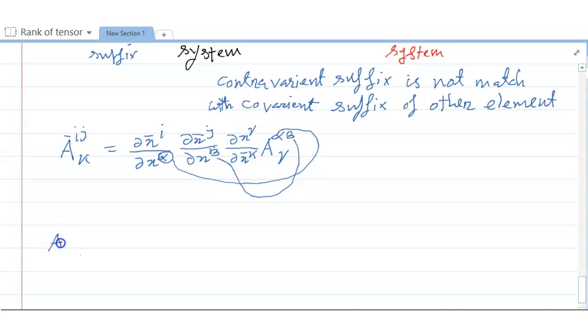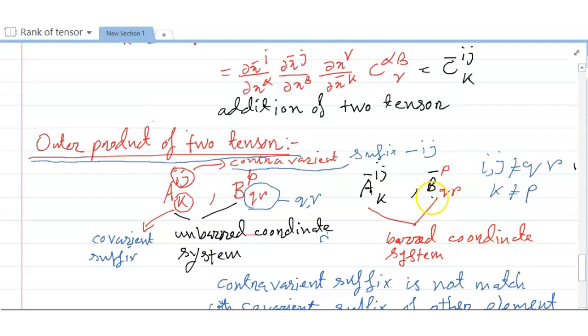Another quantity is b bar p q r. You can check this here.